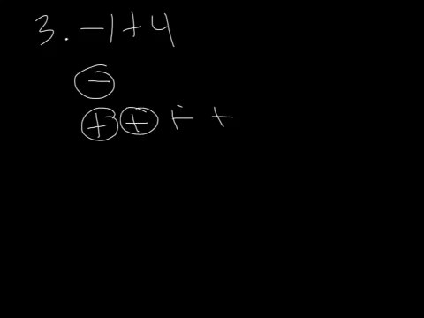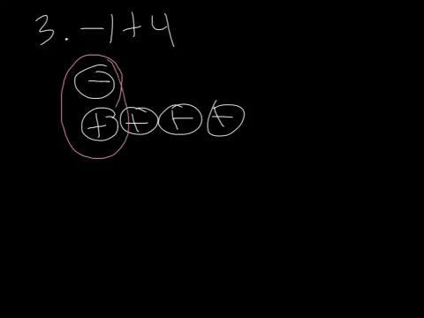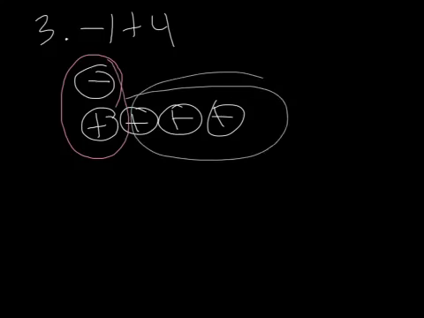Number 3, you had -1 plus 4, and you have to do 2 things. You have to solve it and draw a picture. It's easy to draw a picture because you have only 1 negative, then you have 4 positives. See? Then obviously this group here can go away, and you're only left with 3 positives, +3.